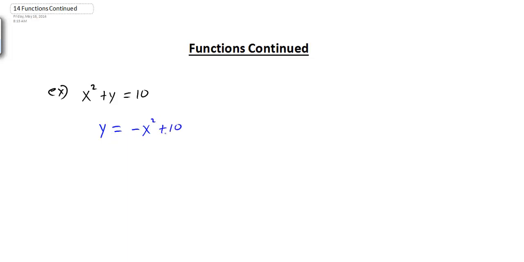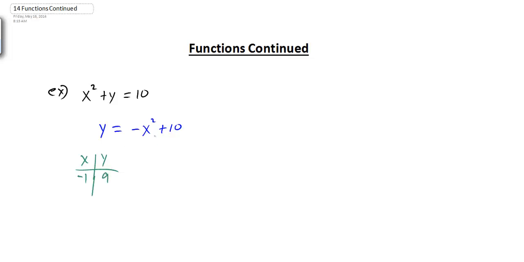So if we solve for y, we move over the x squared, and we get y equals negative x squared plus 10. Now, do we have repeated values? We can make a chart: if we pick a value for x, such as -1, and plug it in, we square it and get 1, and the negative out front makes it -1, plus 10 is equal to 9.